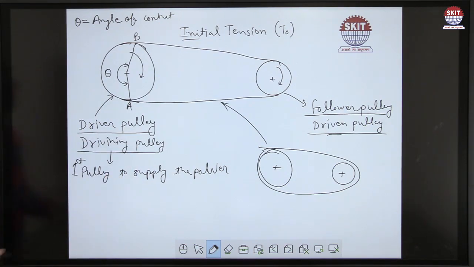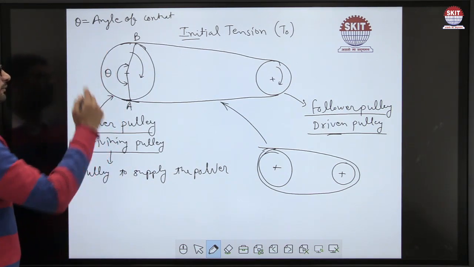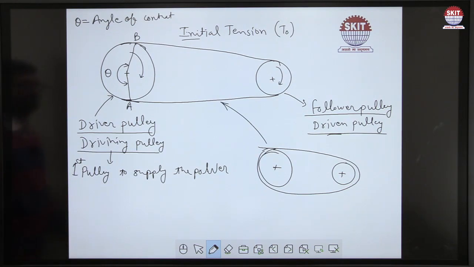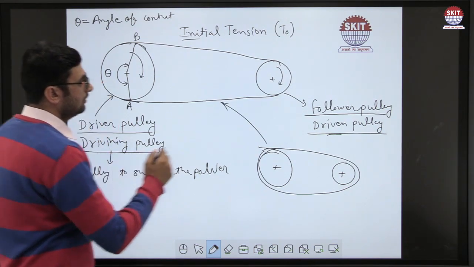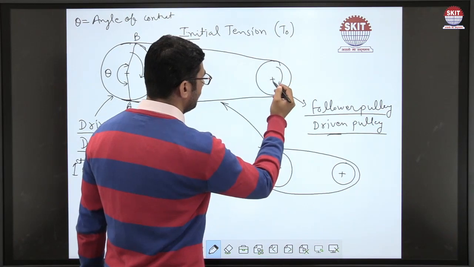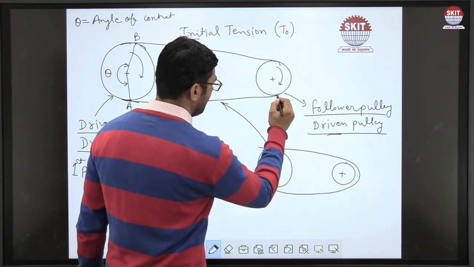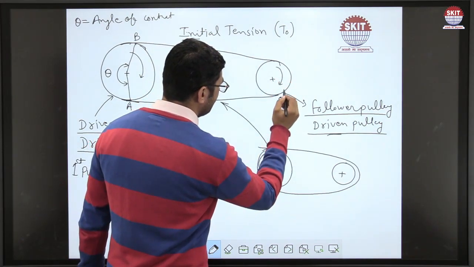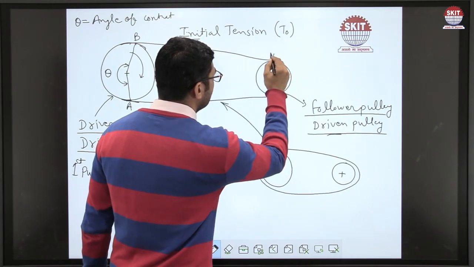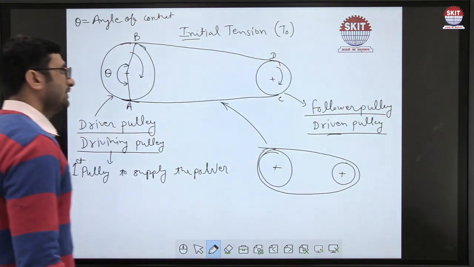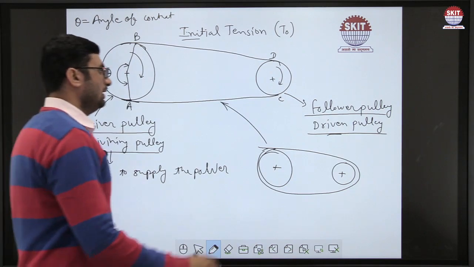The angle of contact is the contact of the belt on the pulley, which is denoted by theta. On this pulley, points C and D are the last points where the belt touches the pulley.